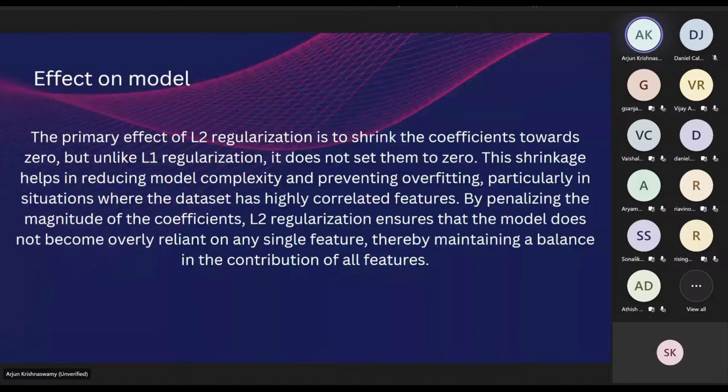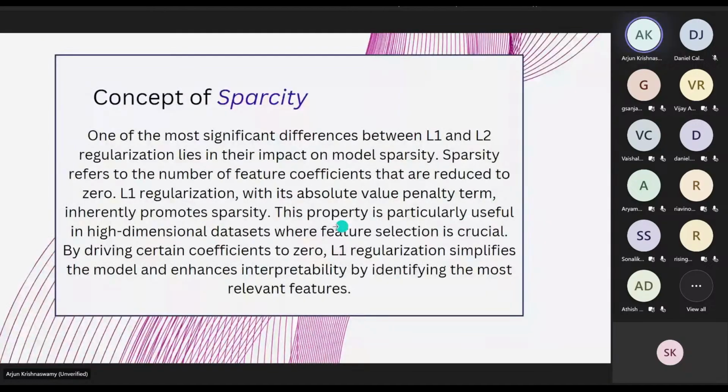now I'll introduce something called sparsity. Sparsity, you can pronounce it in whatever way you want. So as I had mentioned, the difference between L1 and L2 lies in feature selection. Here sparsity refers to the number of feature coefficients that are reduced to zero.